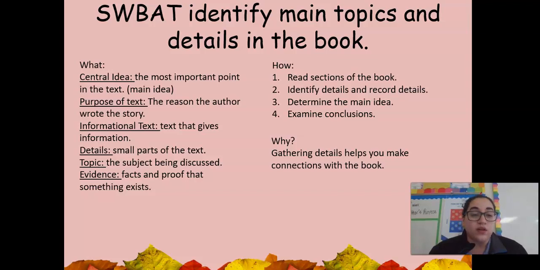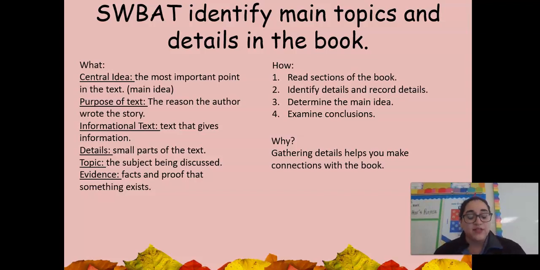We are looking into the book, and we know that it's an informational text, so it's a text that gives information. We're looking into the details that are small parts of the text that are important to us, looking at that topic of the book, that is the subject that we're going to discuss throughout lesson 21.